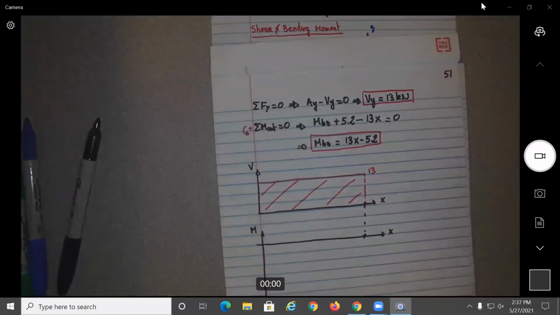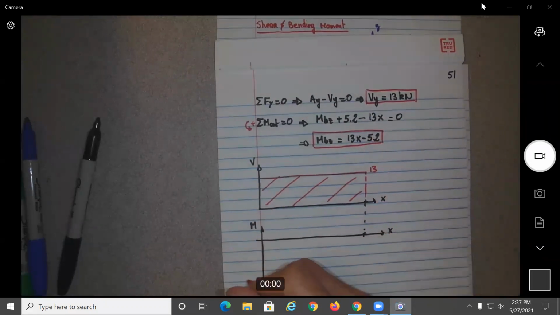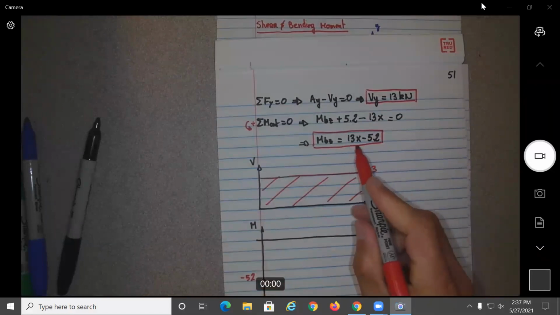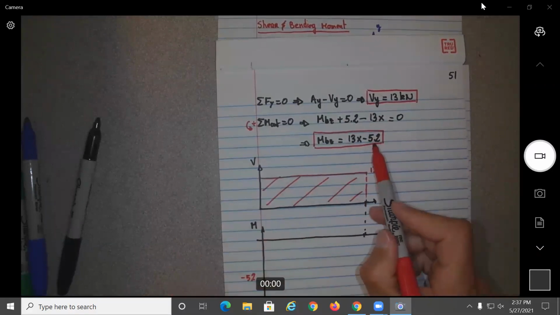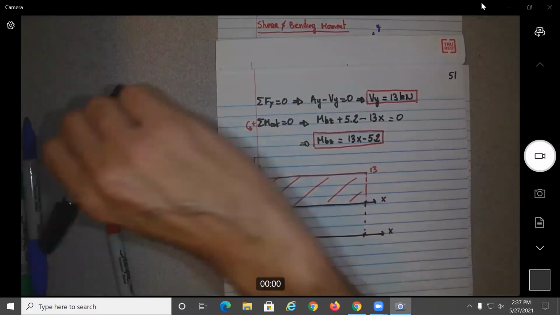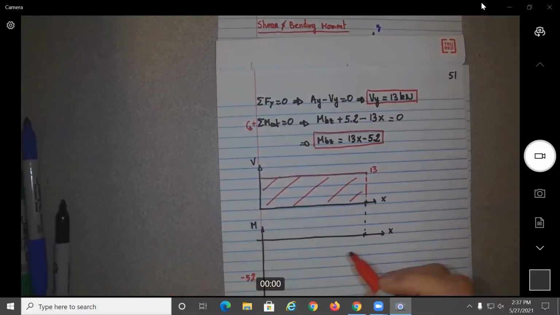The moment is a linear function that will go from what? From minus 52. And if we do 13 times 4 is 52, no? So this is 5.2, not 52, it's 5.2. So be careful, it's 0.4 times 13, so we get 5.2. So we go from here to 0. Okay, this should be a straight line, okay?